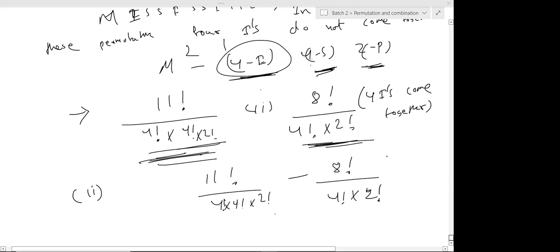Shafullah, you again missed this 11 factorial upon 4 factorial into 2 factorial, right? Yes, sir. Yeah, the rest of the answer is right. Rahman, is it clear?